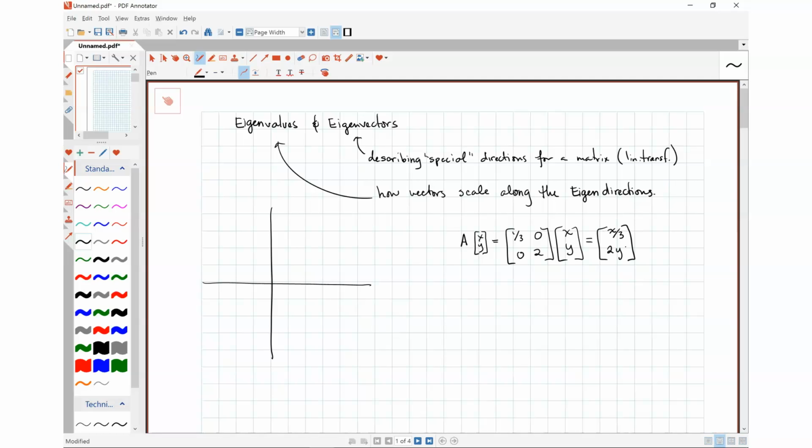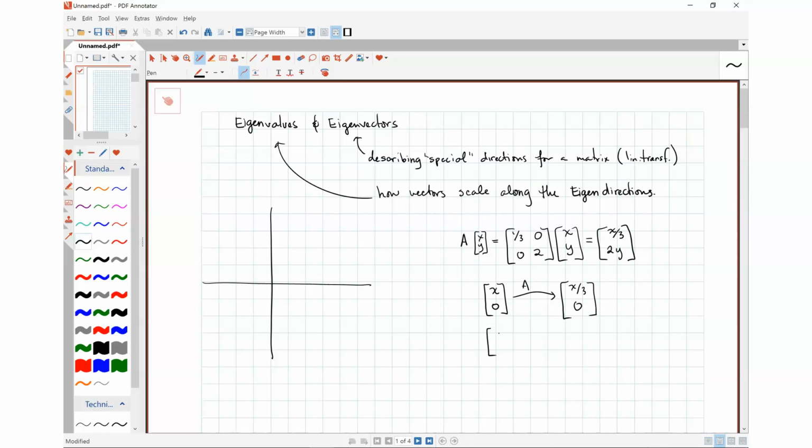So if we compare this x over 3, 2y to our original vector, which was just xy, the difference between these two is that the first component is 1/3 the original length, and the second component is doubled. So if I took a vector that only had a first component and multiplied it by A, the result would be another vector that only has a first component, because there's no y value to double.